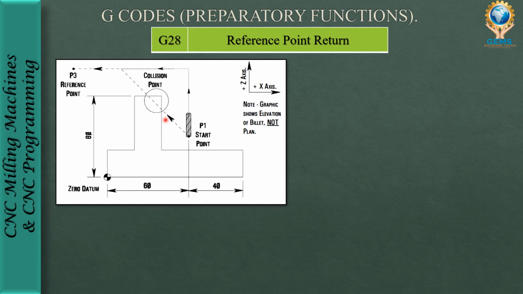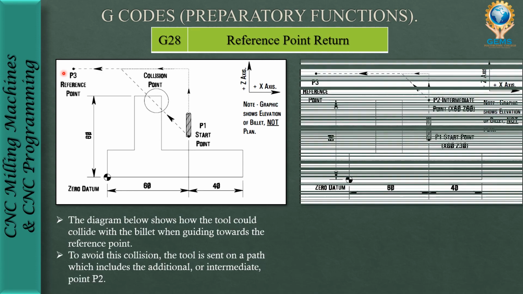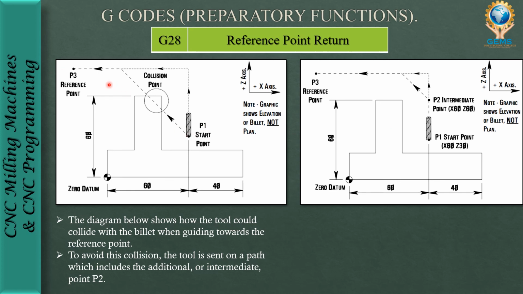Instead of that, we can guide the tool to take a safe path to move to the reference point. Instead of coming directly here, we can tell the tool to come here, move here, and then come, so we can give an intermediate location or intermediate path to reach the reference point.